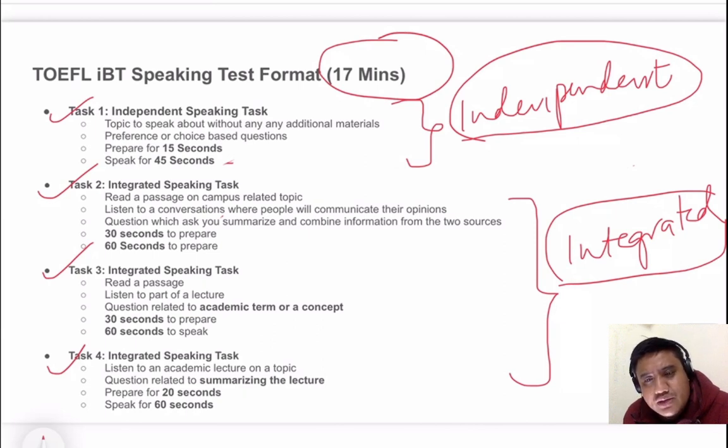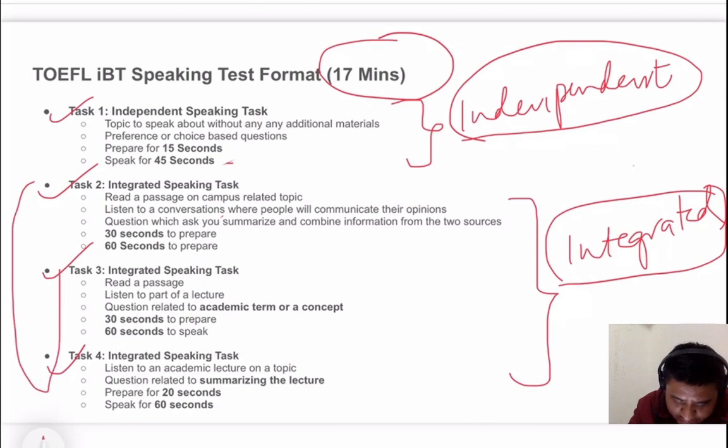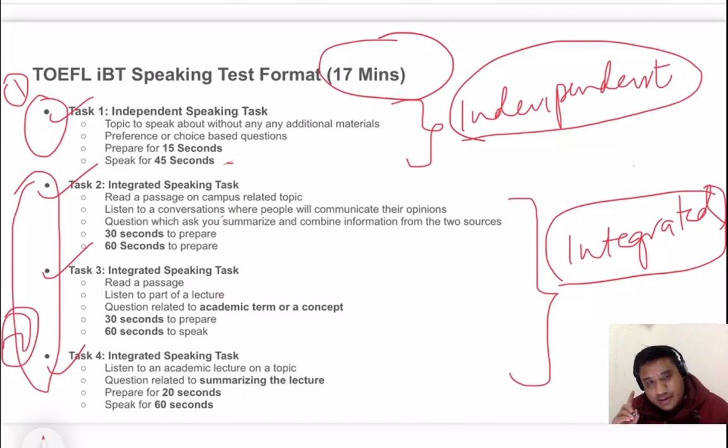You first have to listen, or read, or both, and then talk. When you do that, we call it integrated. So in TOEFL iBT speaking, there are three tasks that are integrated and one task that is independent. Now, if we think about it, in our last class, when they talked about the TOEFL iBT writing, right?